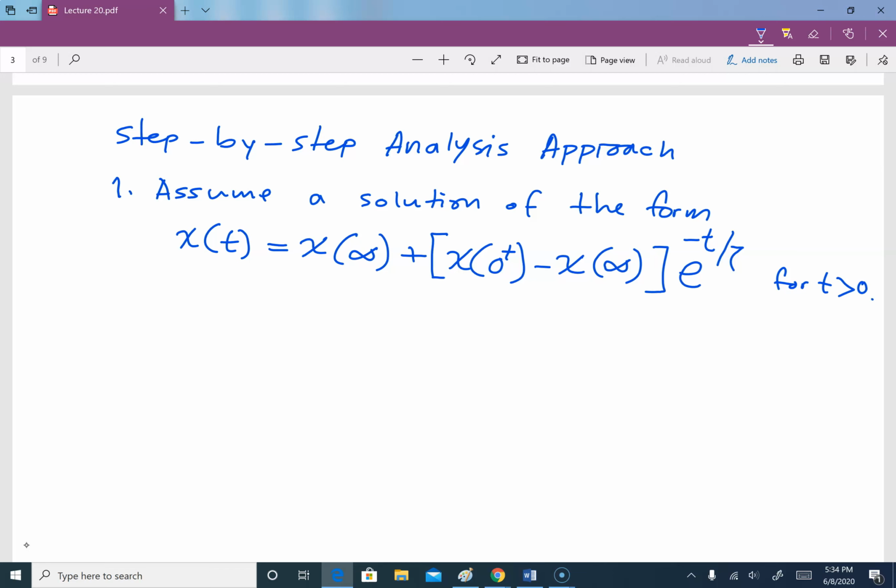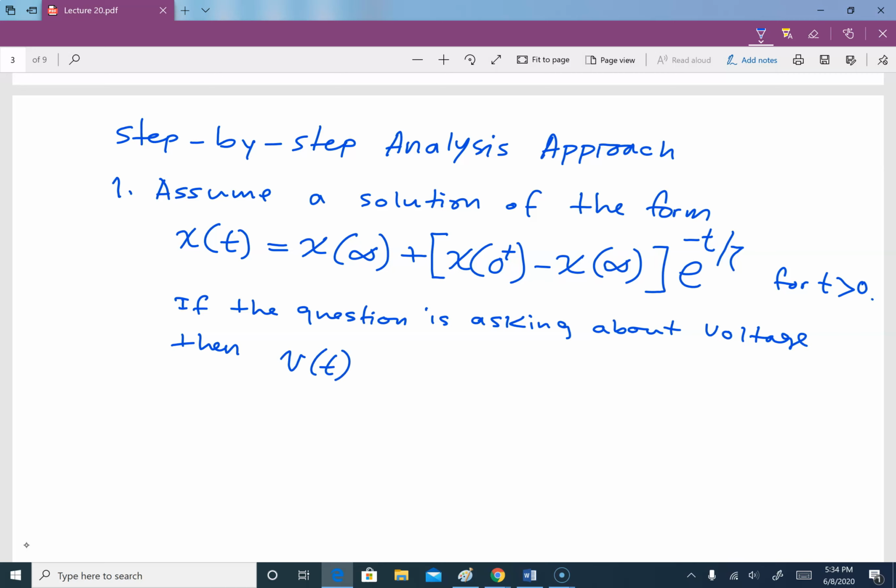So if the question is asking about voltage, then V of t is equal to V of infinity plus, V of 0 minus V of infinity, times exponential of negative t over tau.